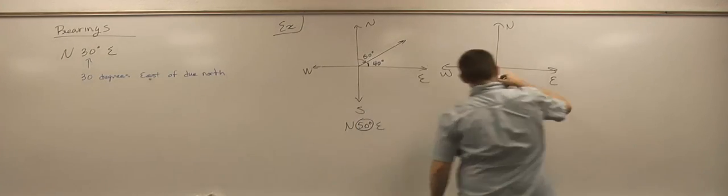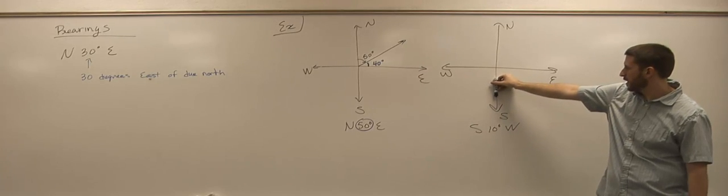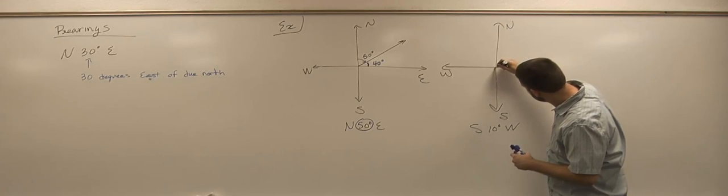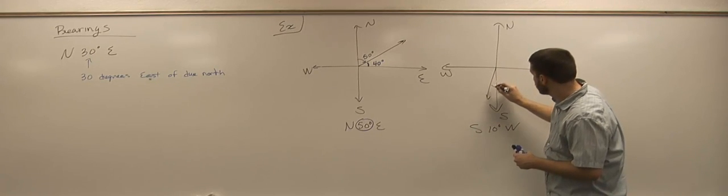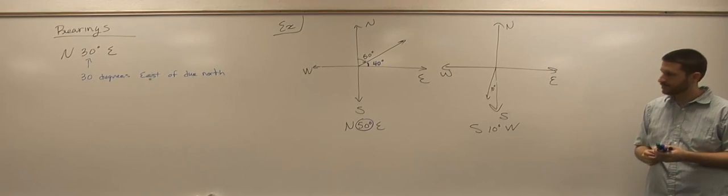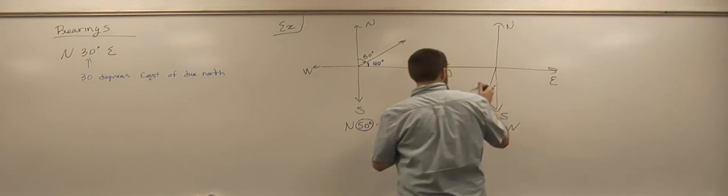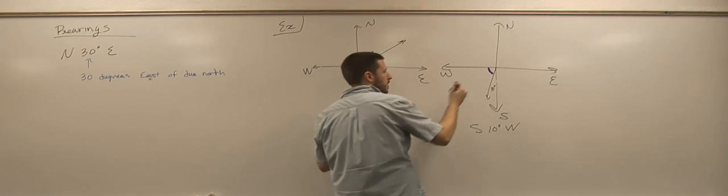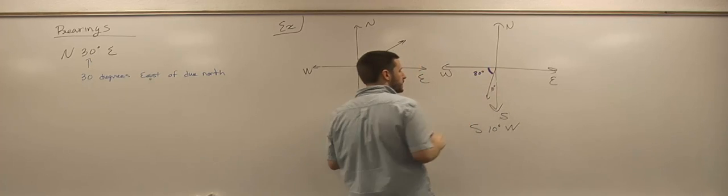So you start south, and you go 10 degrees to the west. So we write it down. Yeah, so the reference angle, which is the acute angle formed with the x-axis, will be 80 degrees.